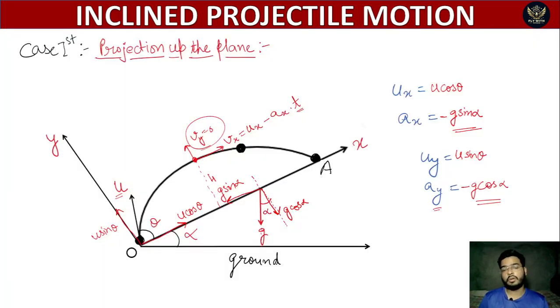First, let us take the case in which there is an inclined plane. This is the ground, and this is the inclined plane with an angle alpha, and this is another surface.